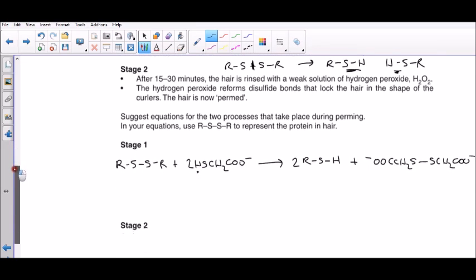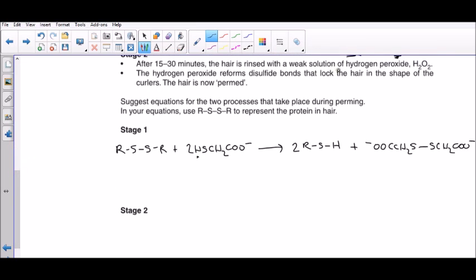And then the next bit says, after 15 to 30 minutes the hair is rinsed with a weak solution of hydrogen peroxide. So we know that's going to go into our stage 2 equation, and it reforms the disulfide bonds that lock the hair in shape. Remember, it was this that was originally the RSSR, and we're going to return it back to its original bonding.